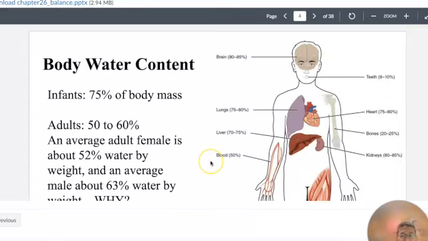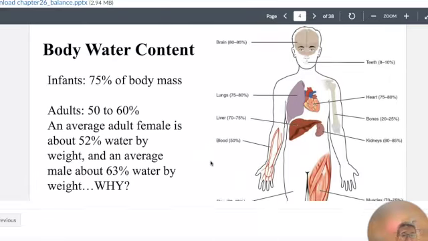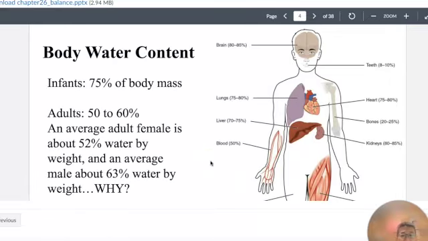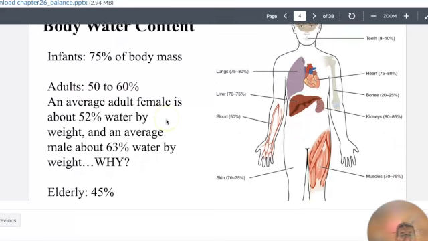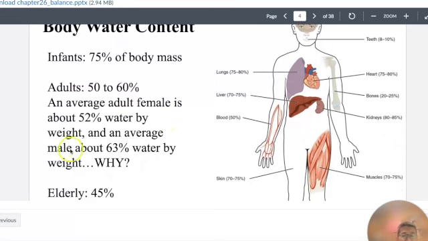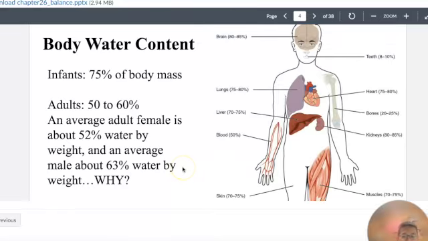Here is a body composition that contains a lot of water. An infant has 75%, an adult 50 to 60%, and usually a male will have more water than a female, because our brain, our muscle, and our tissues have more water around them.